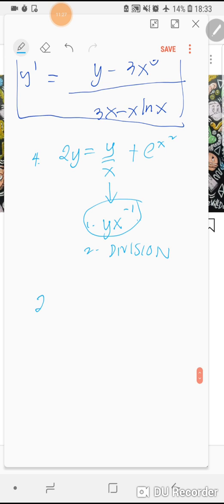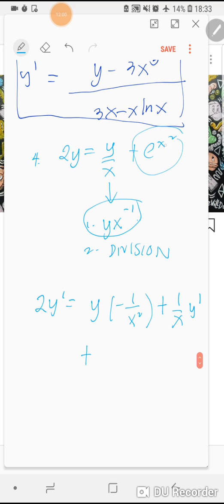So here, let's have 2, and then the derivative of y would be 1, then y prime, 2 y prime equivalent to y times the derivative of 1 over x, which would be negative 1 over x squared, plus 1 over x times the derivative of y, which is y prime, plus the derivative of e to the power of x squared, which is e to the power of x squared times the derivative of the exponent, 2x.